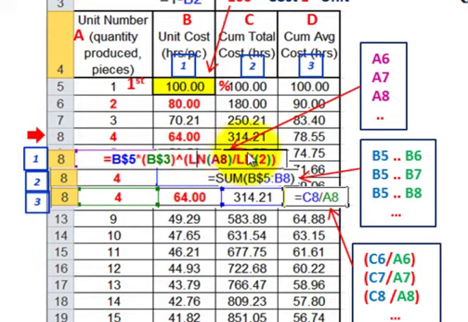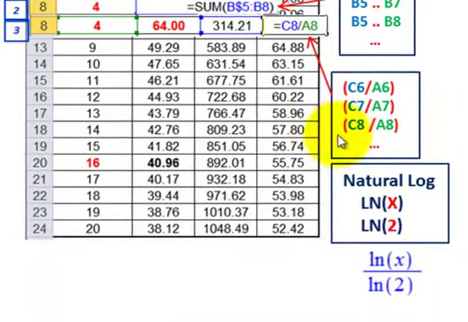Just understand what's going on here. So maybe let's go down and look at this natural log of 2 and A8 here. When we're talking about that ln here, that's the natural log of x, whatever unit number or the quantity that you have here. You'd have to have your A8s, A6s, and so forth. That represents the unit number here. And then ln base 2 here.